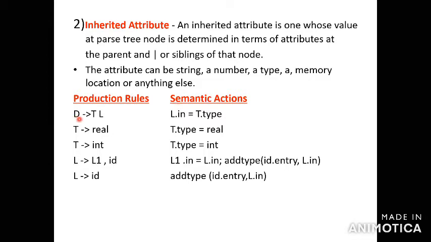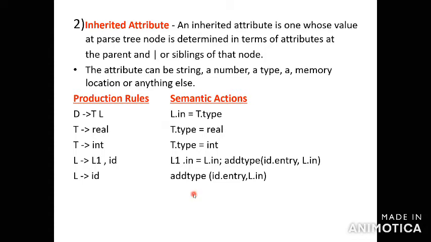So here check D tends to T L. So T and L are siblings of the nodes. So L is in T dot type.